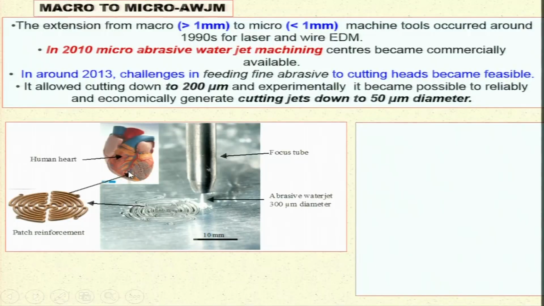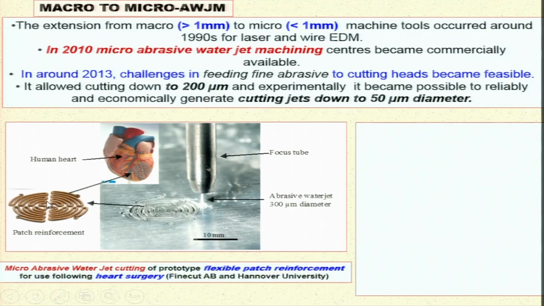You can see here is the micro abrasive water jet cutting of a prototype flexible patch reinforcement for use following heart surgery. You can see here this fine cut was done at Hanover University.